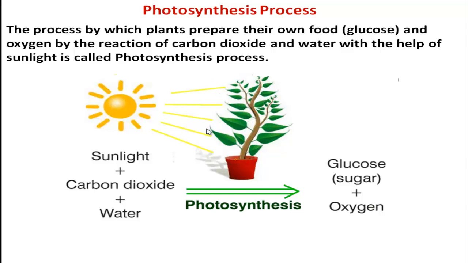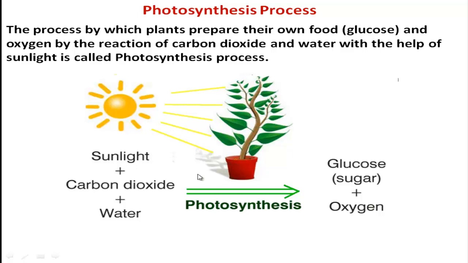We know that plants are our friends. Why? Because they absorb carbon dioxide gas. We exhale carbon dioxide gas through our respiration and plants absorb this carbon dioxide gas. For this we say plants are our friends.